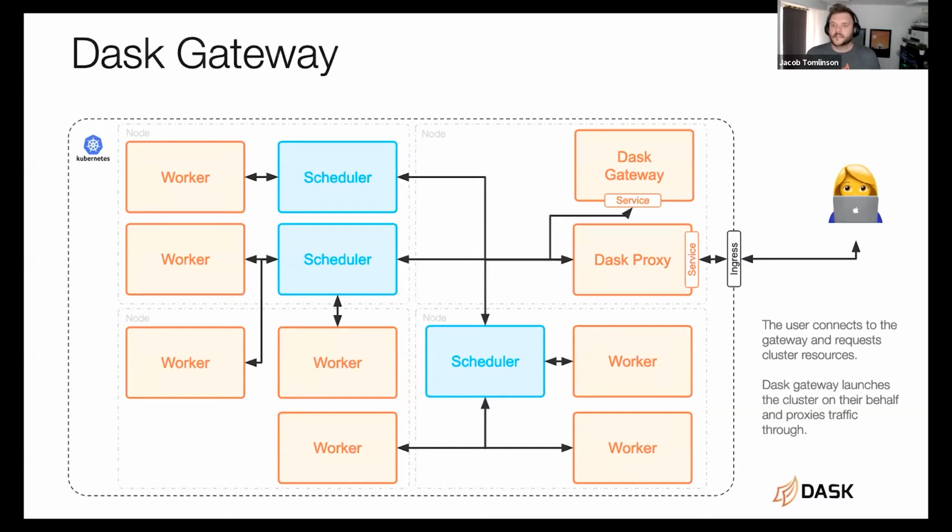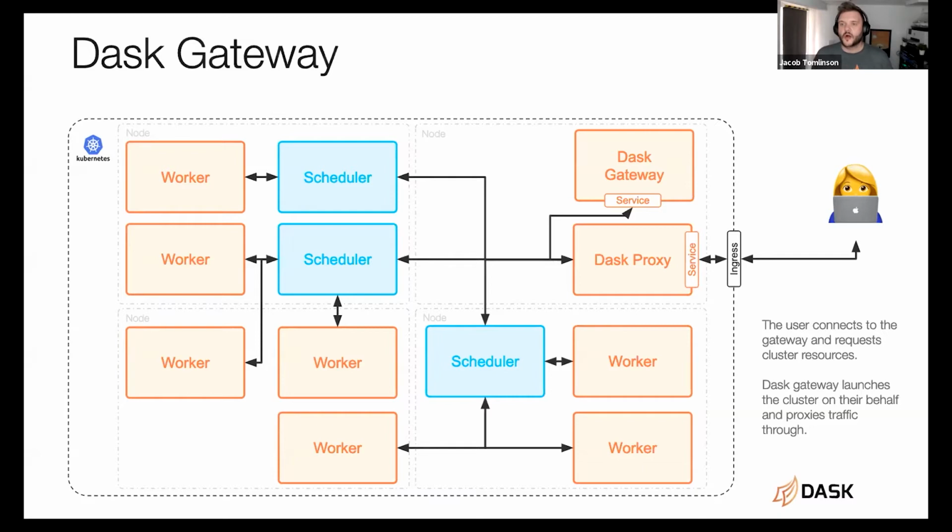It also creates certain access controls so that the gateway container can speak to Kubernetes itself and ask for more resource. The user can then connect into Dask Gateway, authenticate with it, and say, I would like a Dask cluster, please. Dask Gateway speaks to Kubernetes, provisions a scheduler and workers, and handles all the scaling and all the lifecycle for you. And it proxies your connection directly through to that Dask cluster. So it's centrally managing that for you.